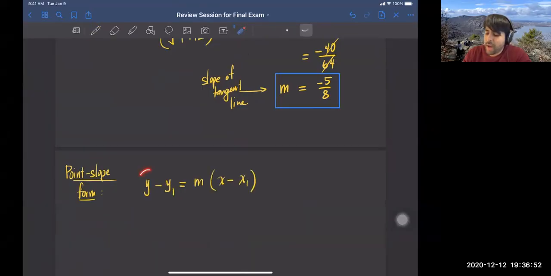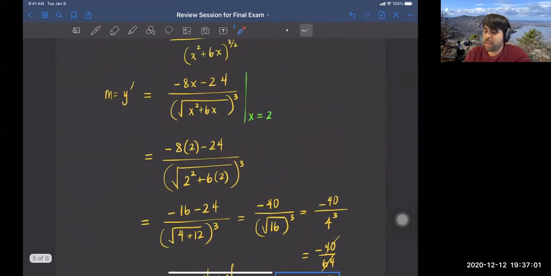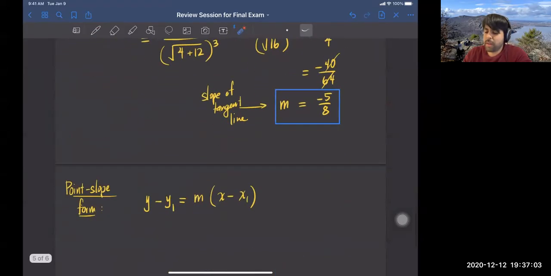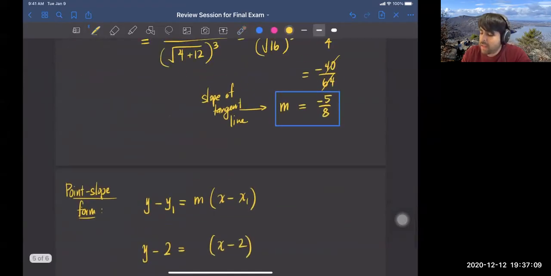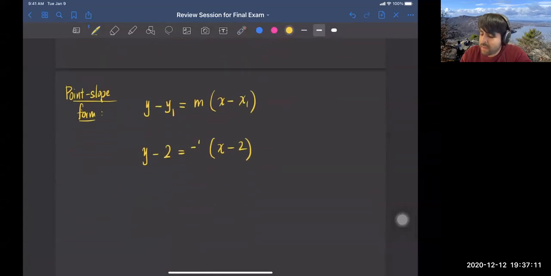The y by itself is a variable. The x by itself is a variable. The y1 is a specific y value. The x1 is a specific x value. And the specific values here are 2 and 2. So I just have to replace: y minus 2 equals m times x minus 2. And the slope is specified to be -5/8. So in this case, I am finished.